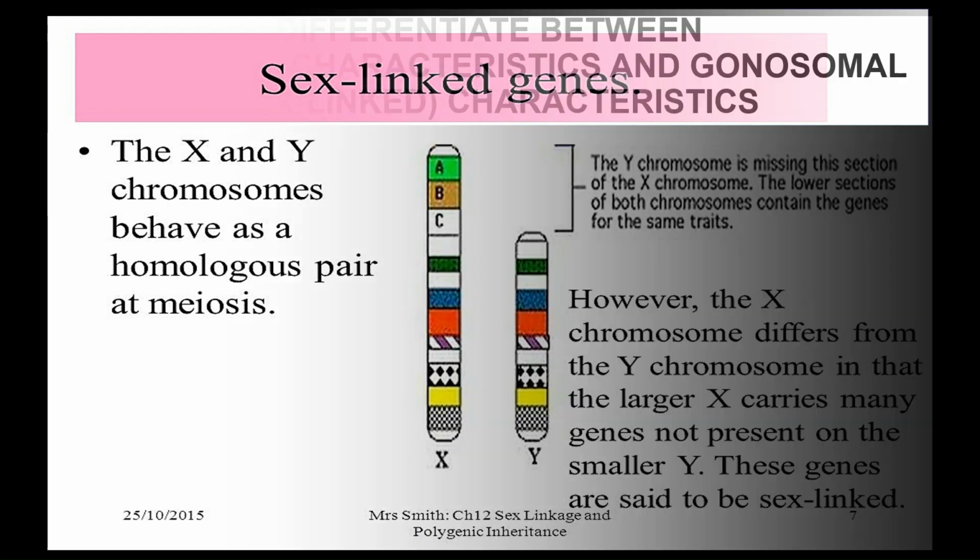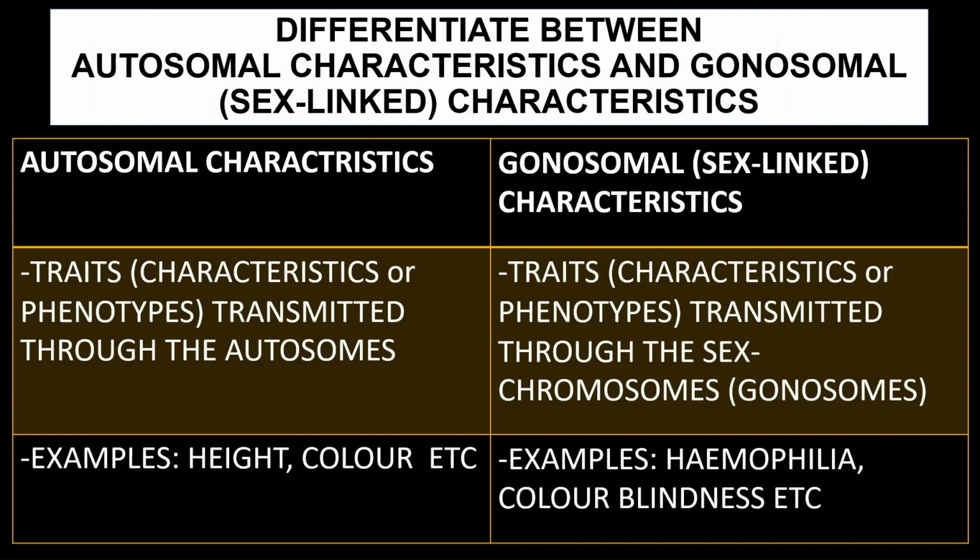So that is how you describe it. It is important to take notes. Now let's look at the following terms: autosomal characteristics and gonosomal, also called sex-linked characteristics. The sex chromosomes that determine our gender are called sex chromosomes or gonosomes. So what are autosomal characteristics? They are traits, phenotypes, or characteristics transmitted through the autosomes.